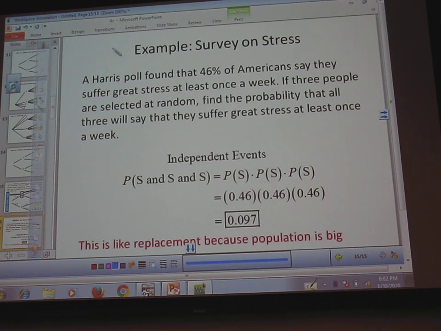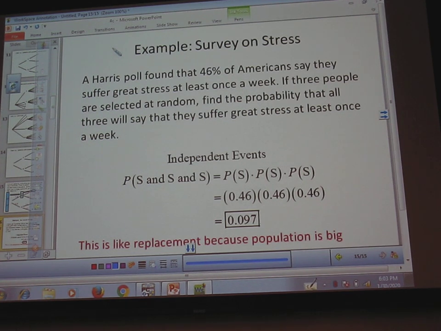Now, you might say, well, yeah, but we're not replacing the people, so shouldn't that make the number smaller? Here's the deal. How many people are there in the United States? 330 million. Yeah, over 300 million people. If I take out 5 or 10 or even 100 people, is that going to change the percentage of 300 million? No. 1 out of 300 million is like 0.000000001, right?